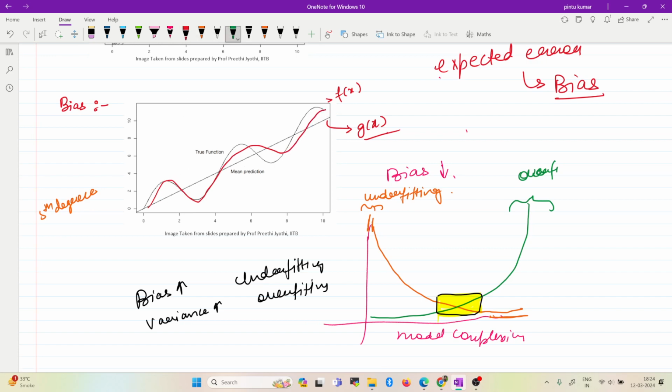I agree that there can still be some error, but if you use a higher degree polynomial, then the error of the mean prediction would be less. So the error for the fifth degree polynomial would be less than the error that you would have for the linear curve. What does this mean?